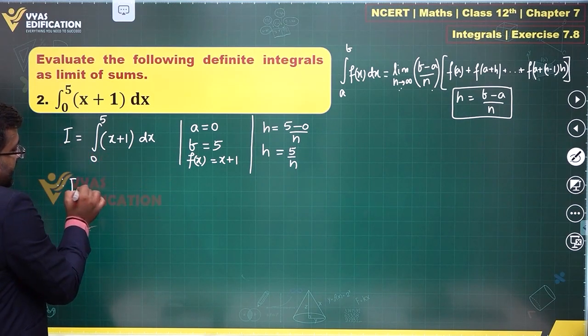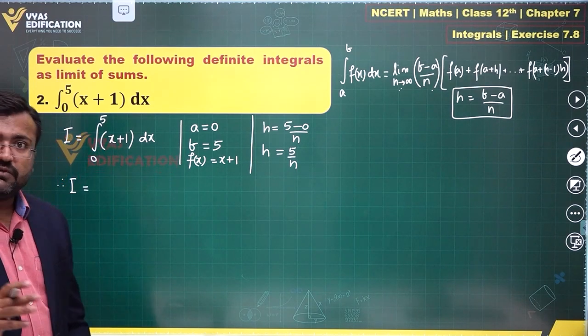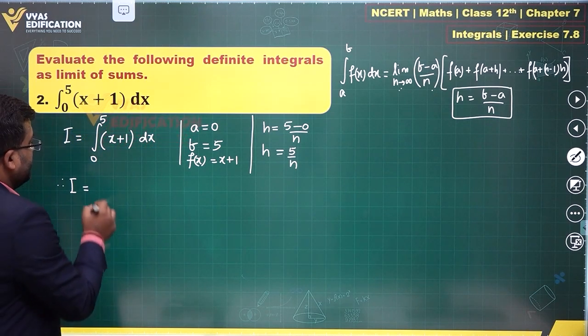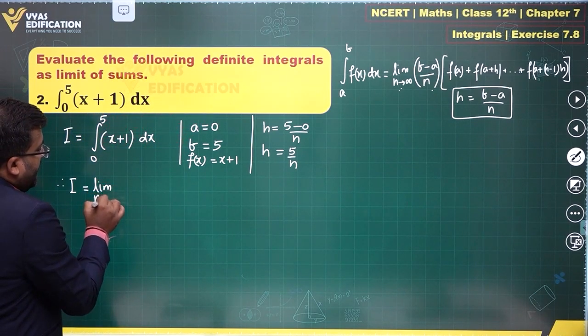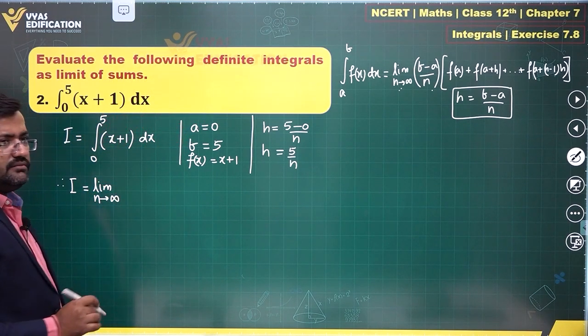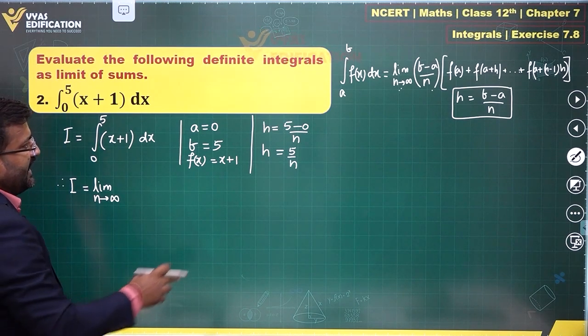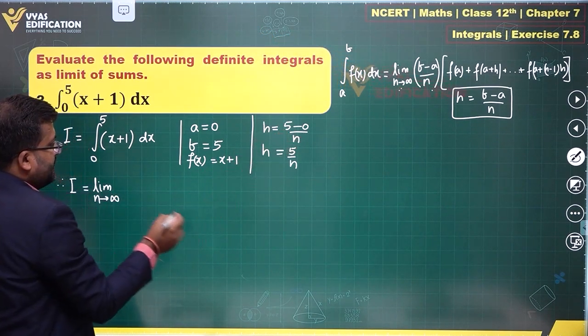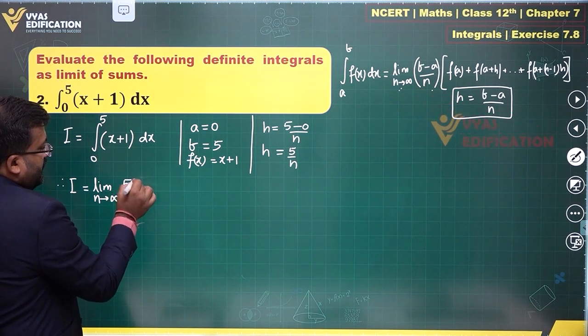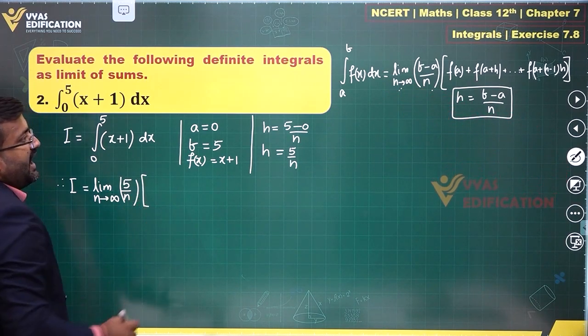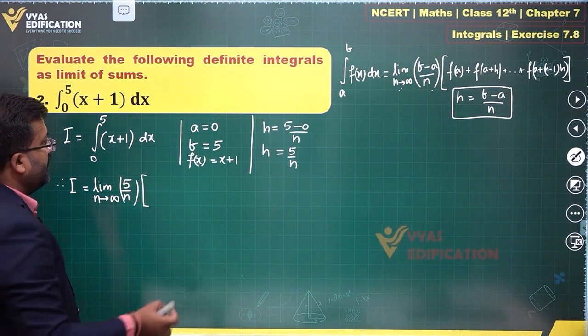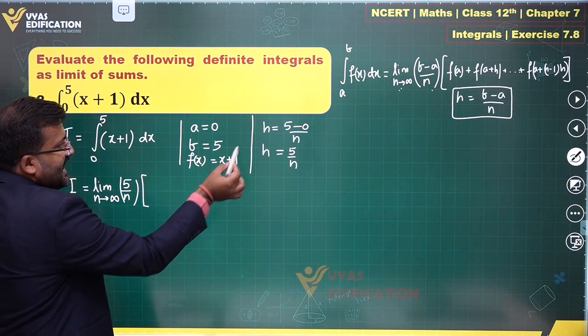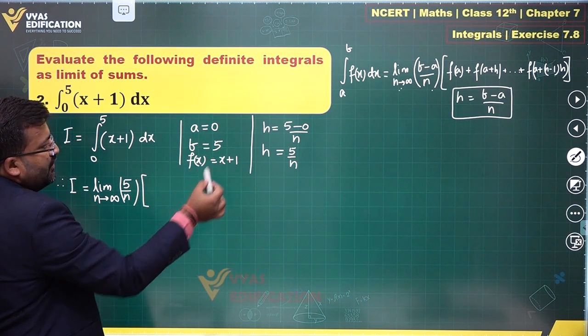Therefore, I is equal to, as per definite integral as a limit of a sum, the limit as n tends to infinity of (b minus a) upon n, which is 5 upon n first of all. In the bracket you have f(a). Now a is simply 0, f(0) is 0 plus 1.